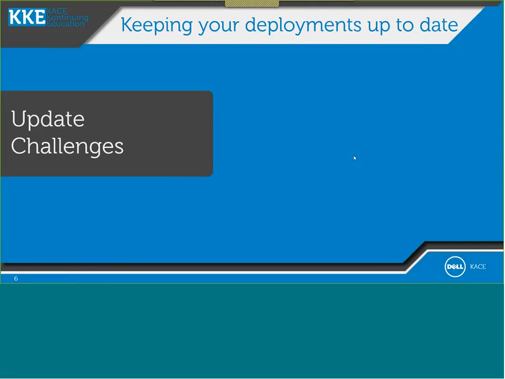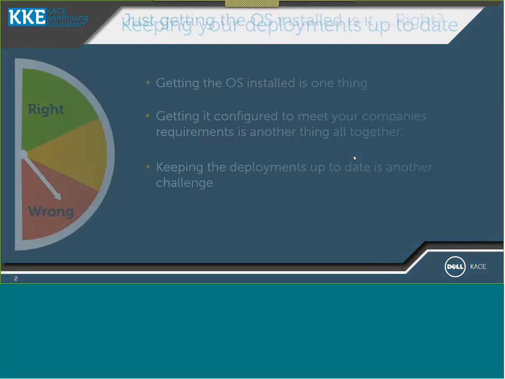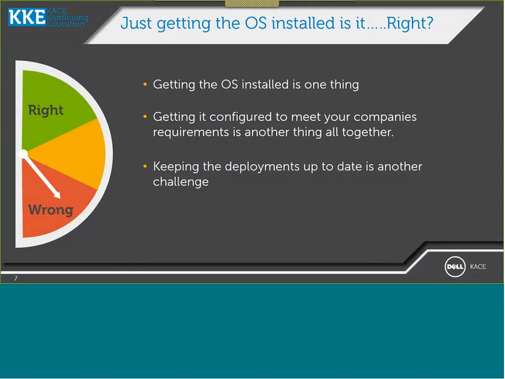So first of all, we have update challenges. We installed the operating system, we just have it installed, but is that all? I don't think so. Depending on how you install the operating system, you probably have to do some more tasks after that. So Windows updates, application updates.